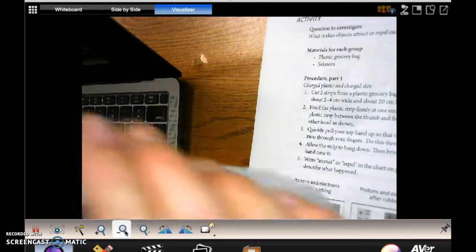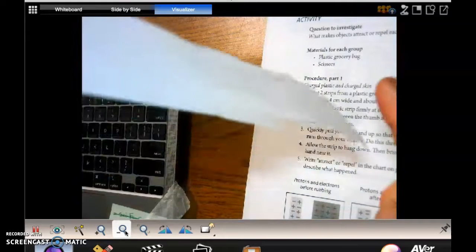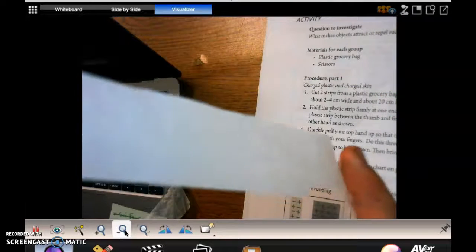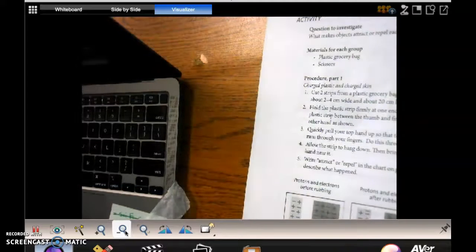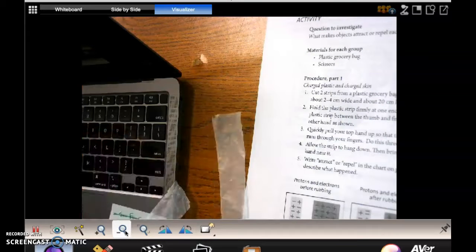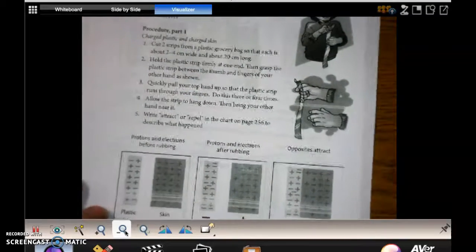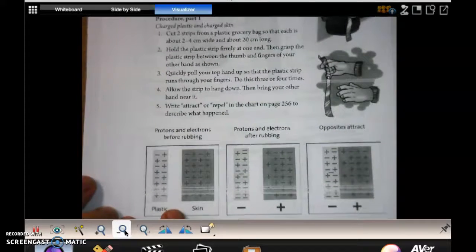Because, as you can see in the chart, what we're doing is we're lining up those protons and electrons, and it's drawn to my finger. And it should work the same for you. So what happens is, before we start rubbing it, our plastic and our skin, the charges are lined up like this.